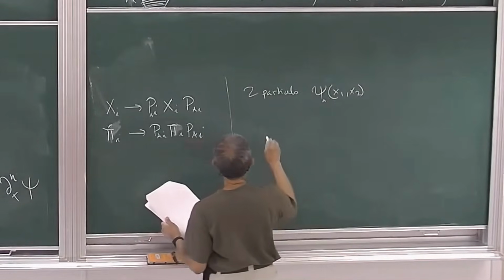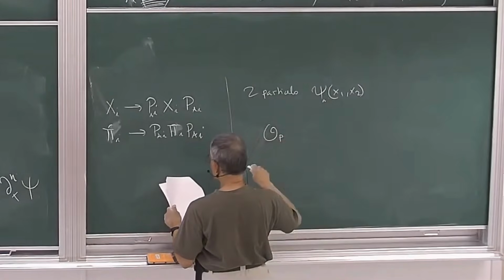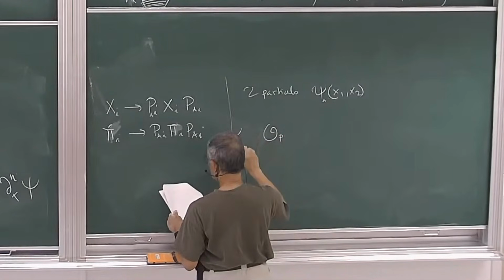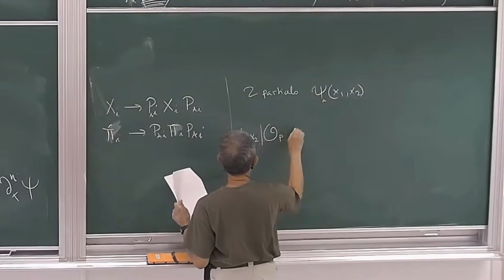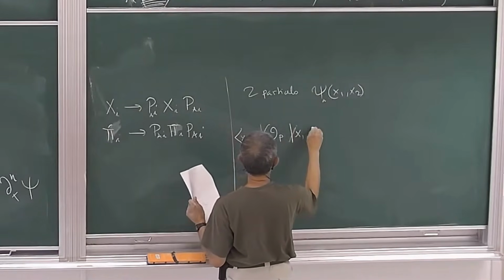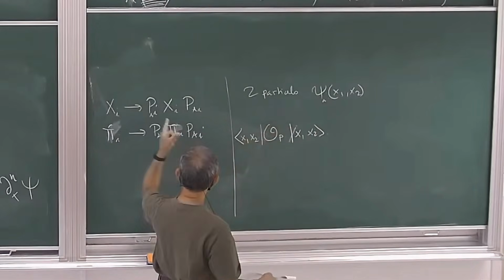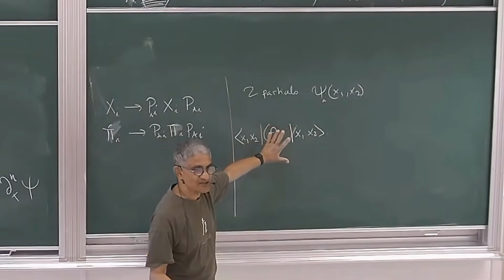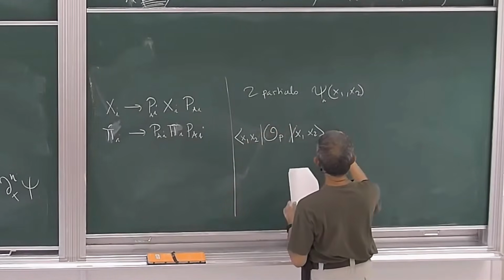I'll call the projected operator OP. You can easily check this object in the full Hilbert space, this is what you want to calculate. Just plug everything in, there's an explicit expression in terms of the wave functions, and then you calculate. What you find is this result.